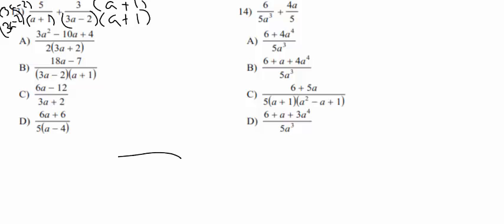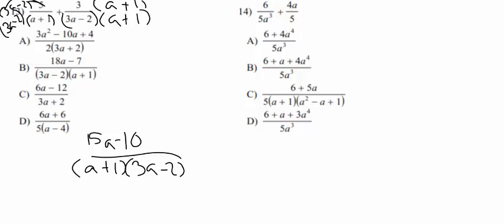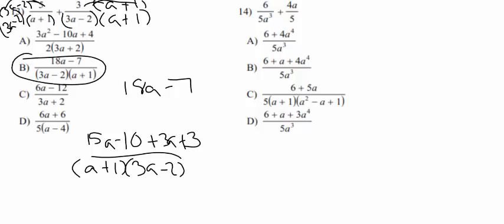So our new denominator is now a plus 1 times 3a minus 2. And we have to distribute the 5 to the 3a and the negative 2. So that gives us 15a minus 10. And we have to distribute the 3 to both of these. This gives us plus 3a plus 3. So that numerator would simplify to be 18a. And then negative 10 plus 3 is negative 7, all over our denominator. So our answer would be B.